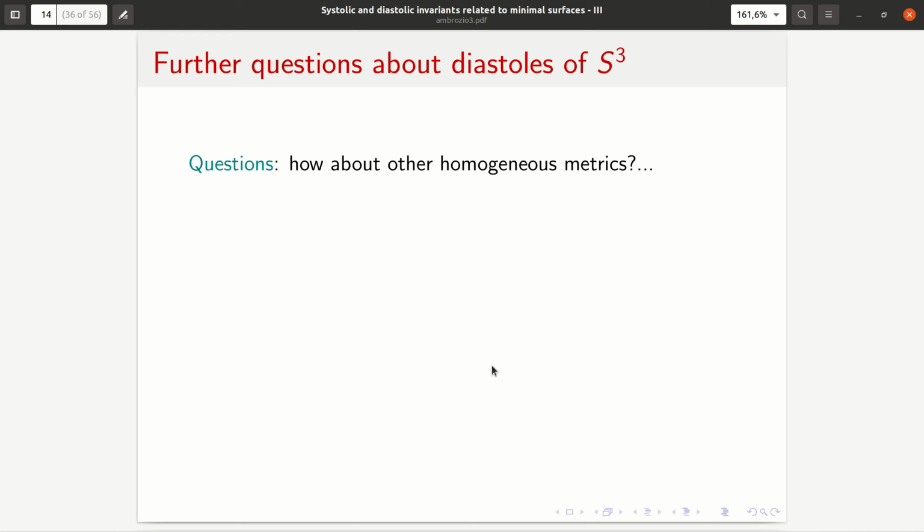Okay, so let me pose a few further questions about the diastoles of S3. I think it would be very interesting to know about homogeneous metrics. Unfortunately, we could not use our methods to say anything about other homogeneous metrics.